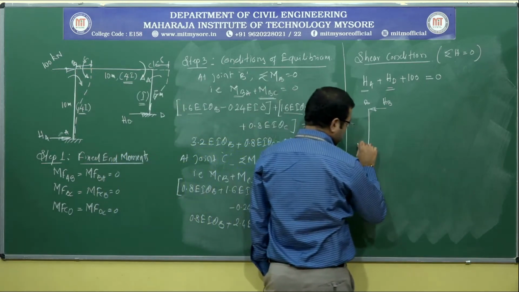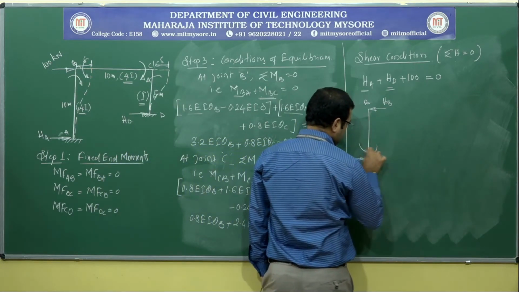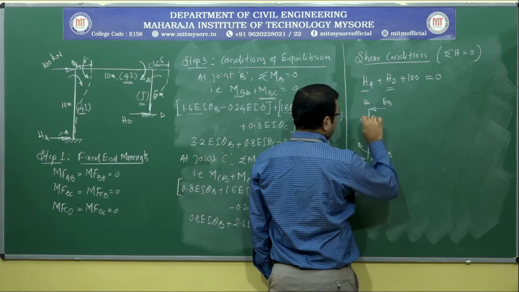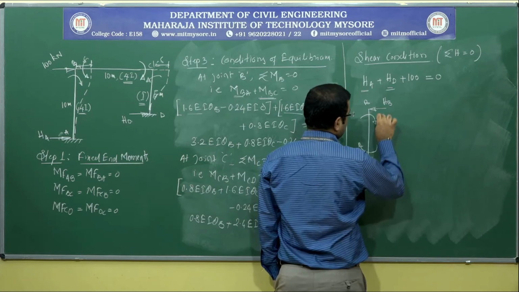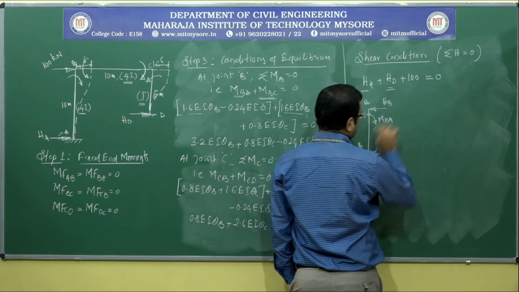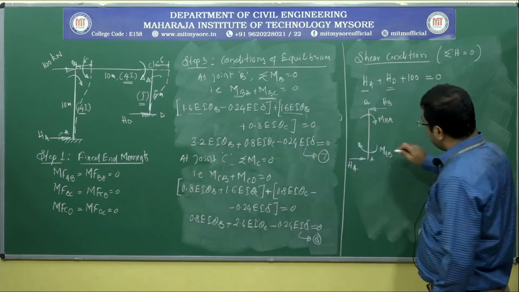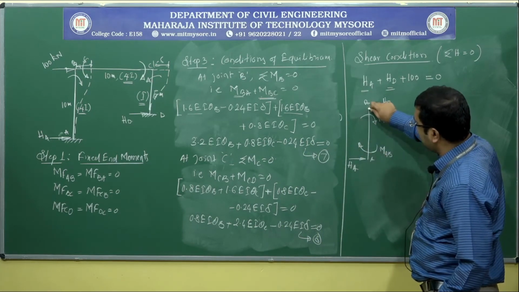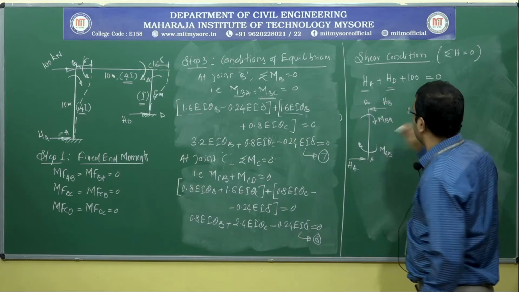So, let us consider them as positive, that is MAB, and this one as MBA. Now, here my intention is to determine the HA. It means I have to take the moment of all the forces about B point.